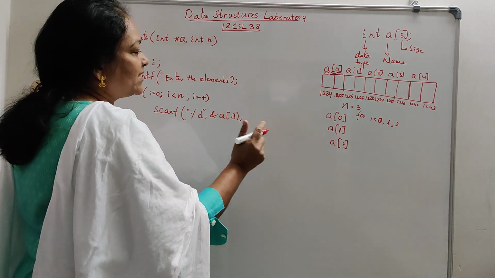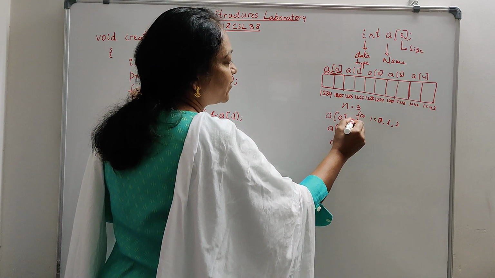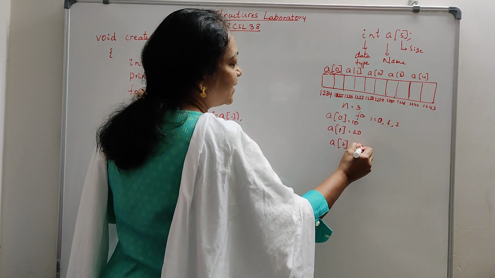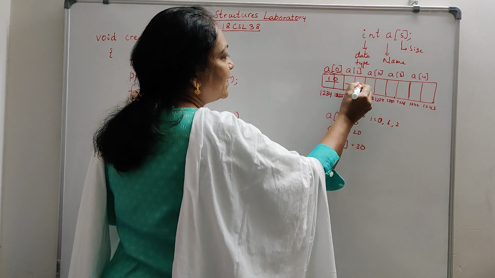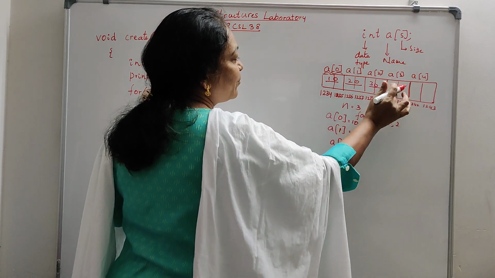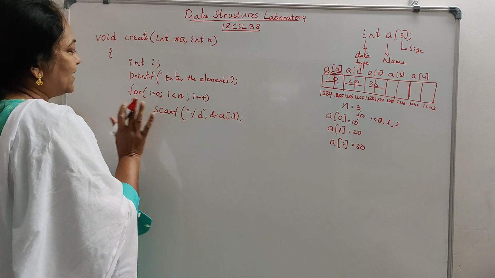Suppose I have taken A of 0 as 10, then 20, and this is 30. These first locations will store the 10, the next will store 20, and this will store 30. We have these remaining locations empty. So now that's it.